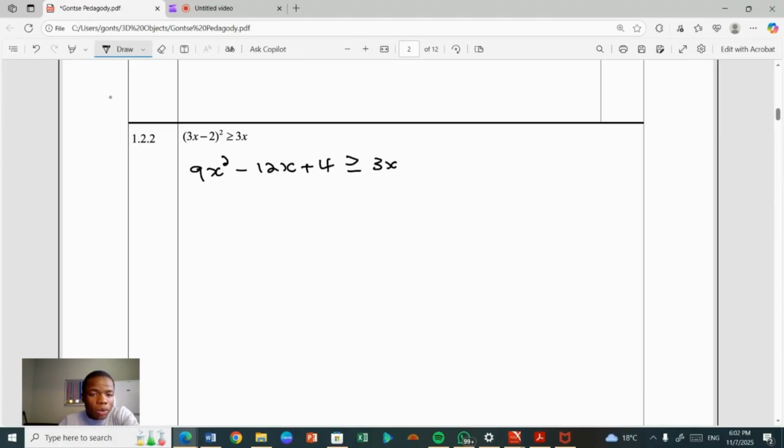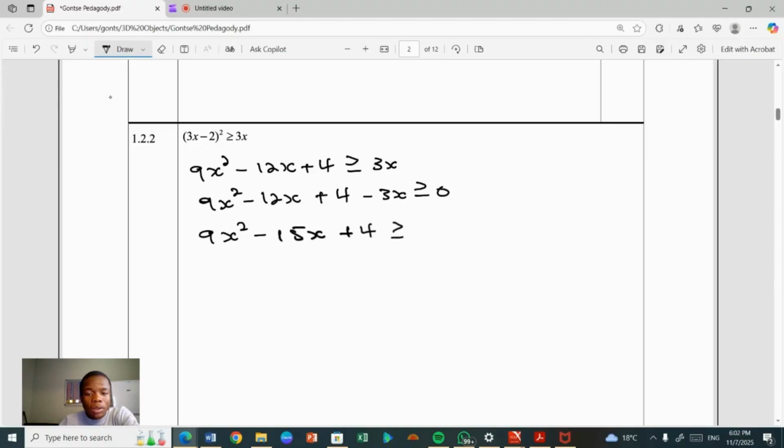Then from here you just transpose. It's 9x squared minus 12x plus 4 minus 3x is greater than or equal to 0. From here you have 9x squared minus 15x plus 4 is greater than or equal to 0.